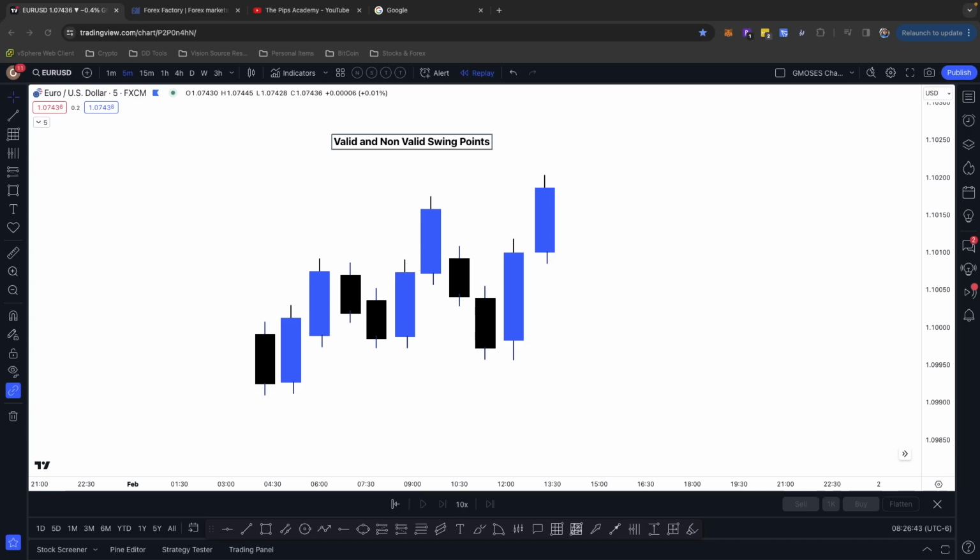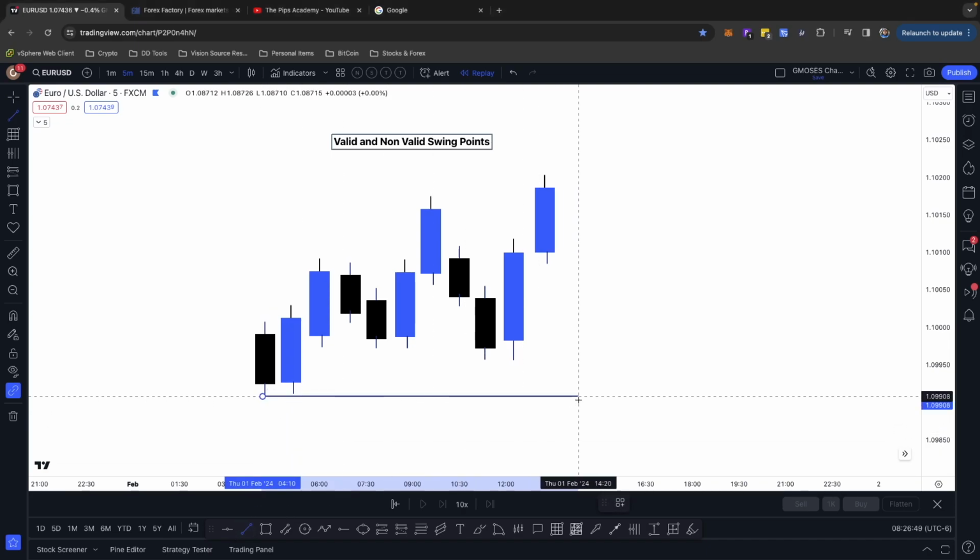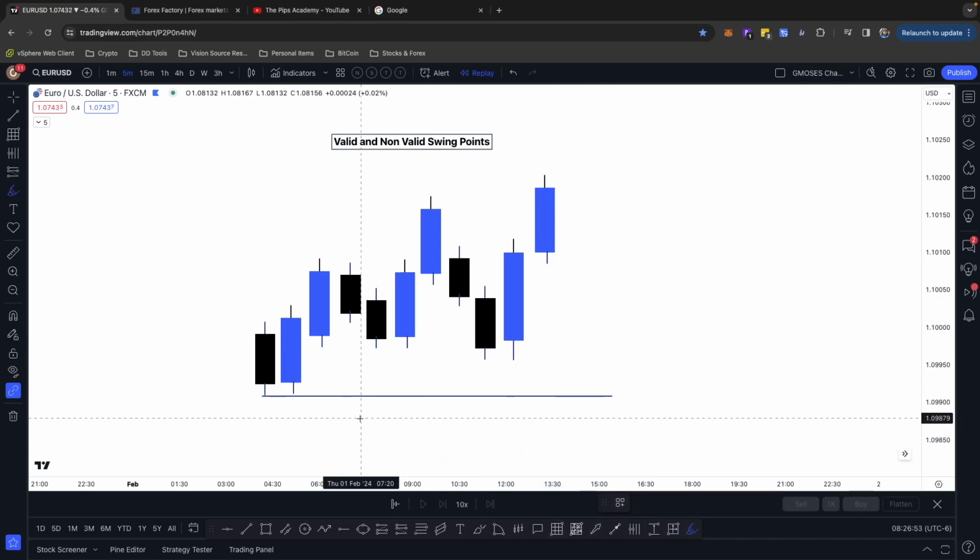With this particular concept, if we're looking at a series of candle structures here, let's just say this here is our low. This is our established swing low at this point here. As we can see, price decided to come up in this area here, and it decided to pull back slightly. Now, a valid swing pullback is 2 or 3 candles.